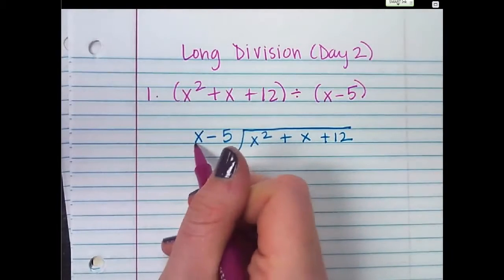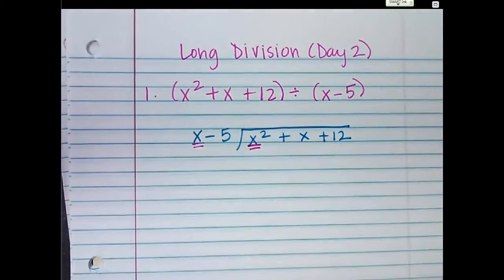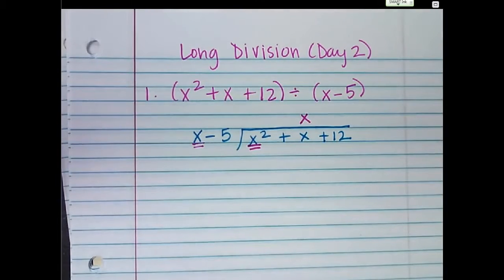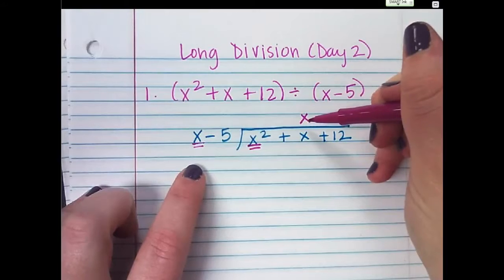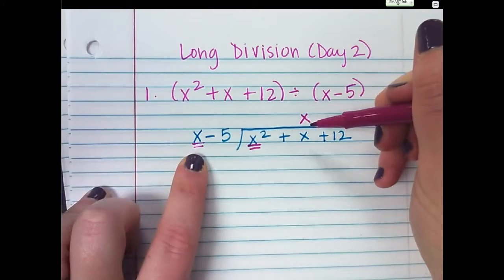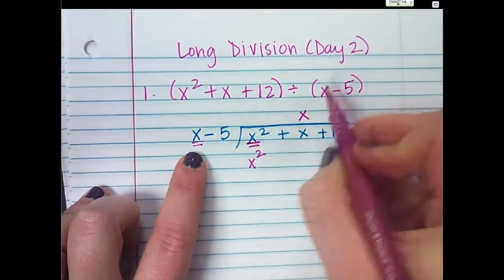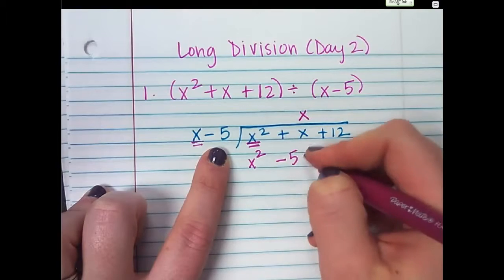Okay, so then remember we start here with just this first term. What times x gives me x squared? Good, x. And remember, line everything up. After you put that up here on the top, what do we do? Multiply. So I'm going to go x times x, x squared, and x times negative 5, negative 5x.